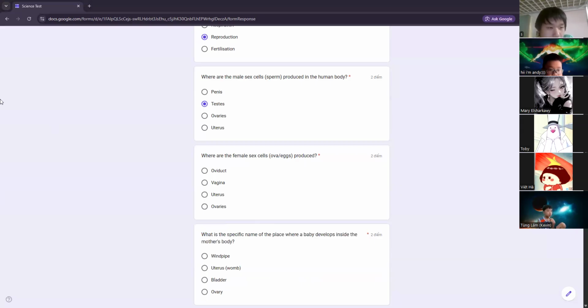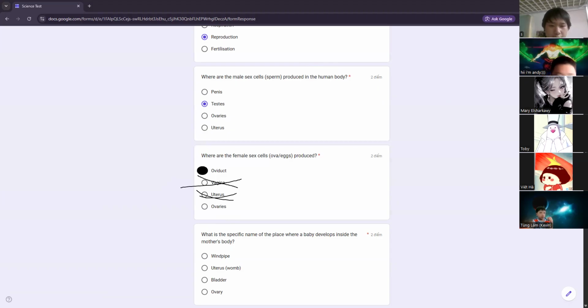All right. So the uterus is basically the womb, so it's not correct. The uterus is the part that puts the baby in. The vagina is also not the correct part, because again, it's the part involved in sexual reproduction.